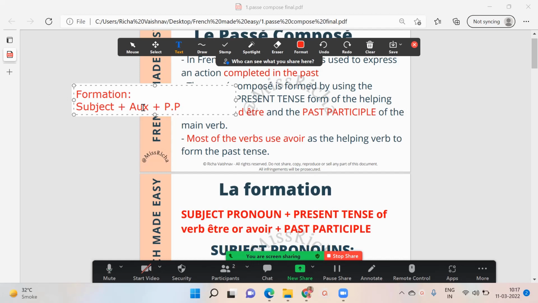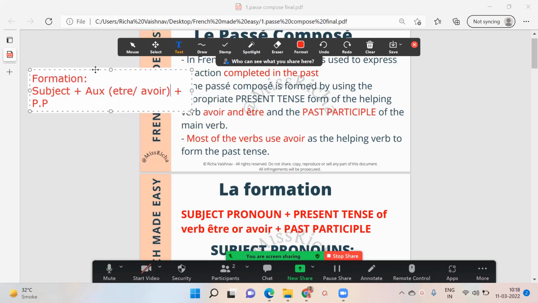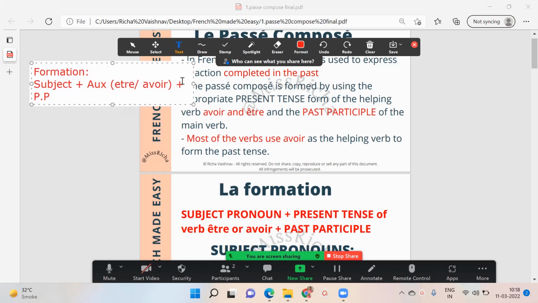Now, this auxiliary verb can either be être or avoir. I'm not adding the accents here because that will take some time. What I mean by this second sentence is that the formation of passé composé is subject plus the auxiliary verb or the helping verb, which is avoir or être.